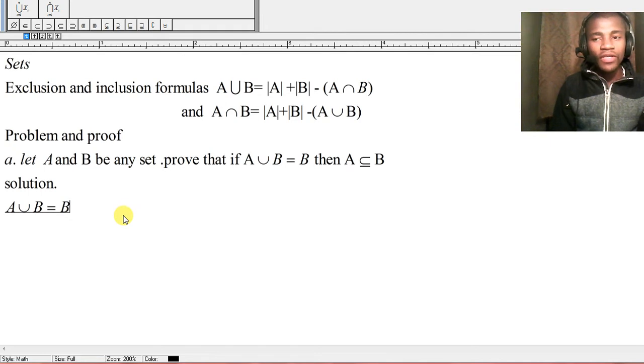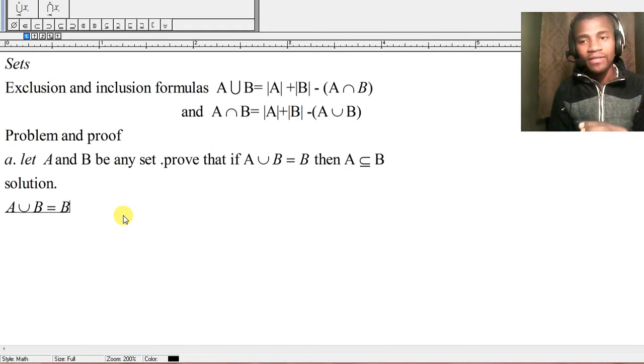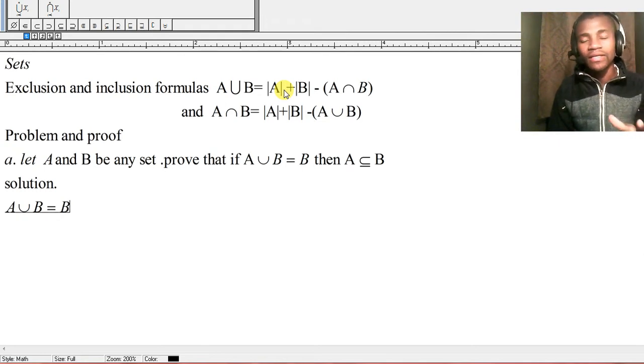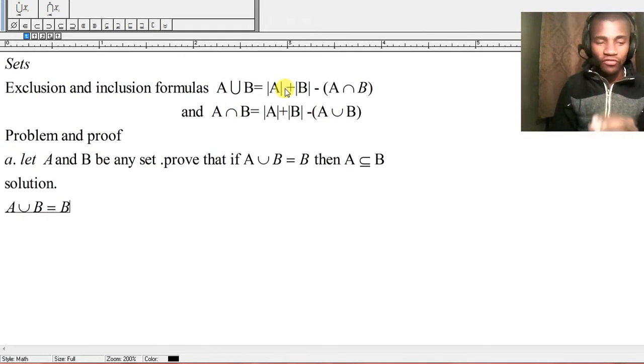Because if you are having a portion of something, let's say we are having a car, and for instance a steering wheel, we definitely know that a steering wheel is a subset of a car. We cannot call a steering wheel a car, but we can say it's a part of a car.